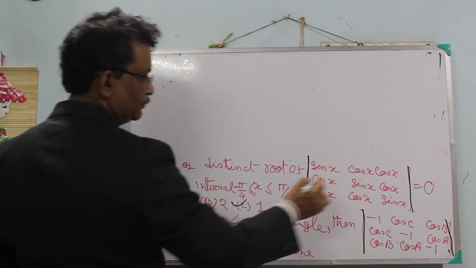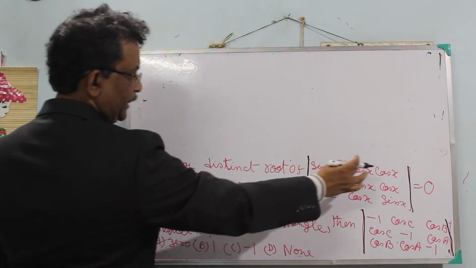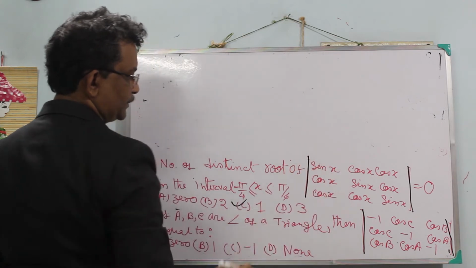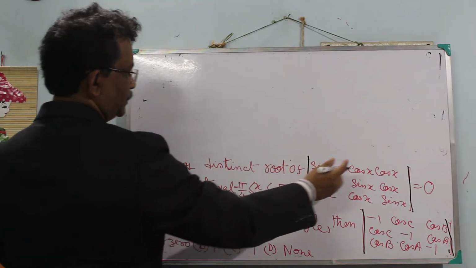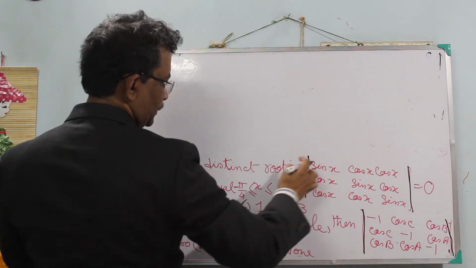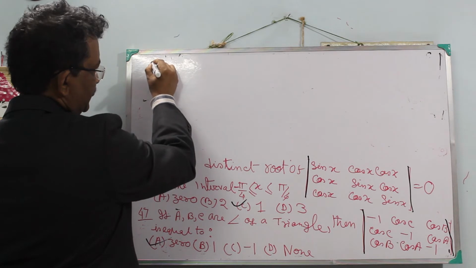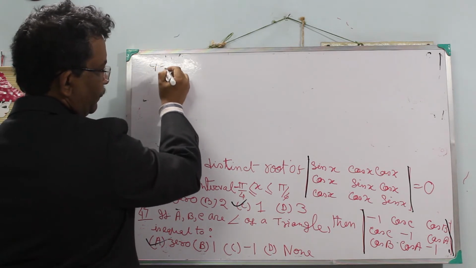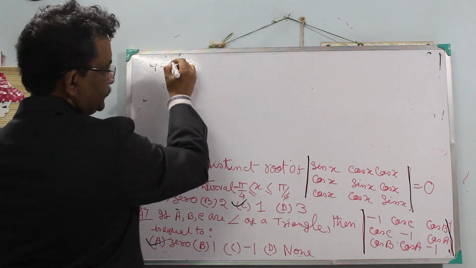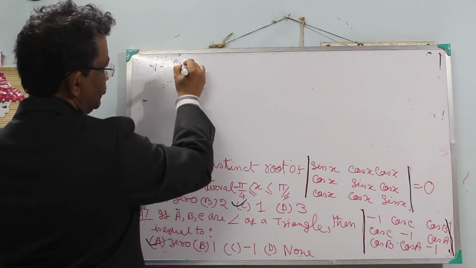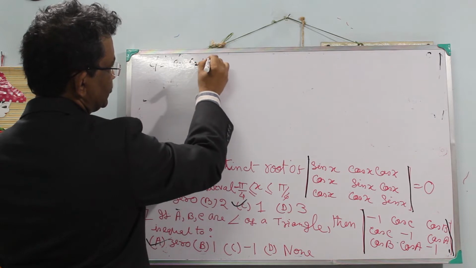So I can do one thing. We add all the elements of the row in the first column. I can say that C1 dash equals C1 plus C2 plus C3.